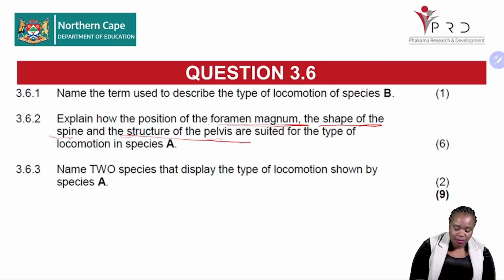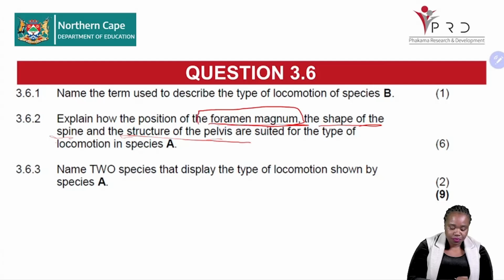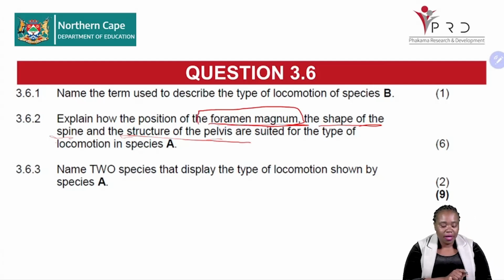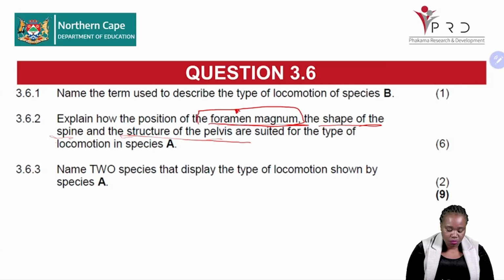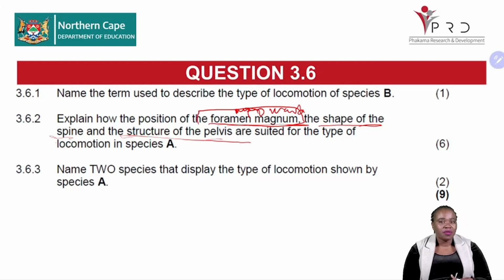Now, how does the foramen magnum play a role in this? Right, so remember, the foramen magnum is located in a more forward position here. So it is in a more forward position. Because it is in a more forward position, it means that it allows the spine to enter the head from underneath, basically.